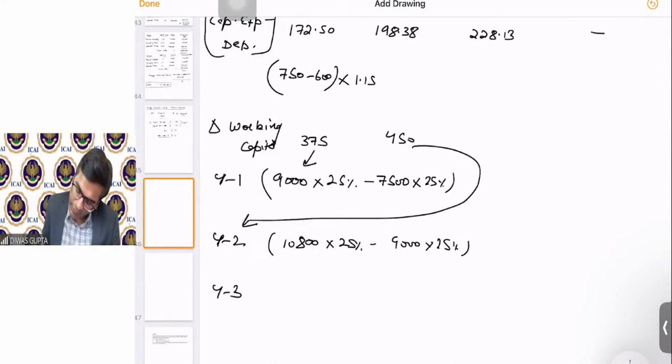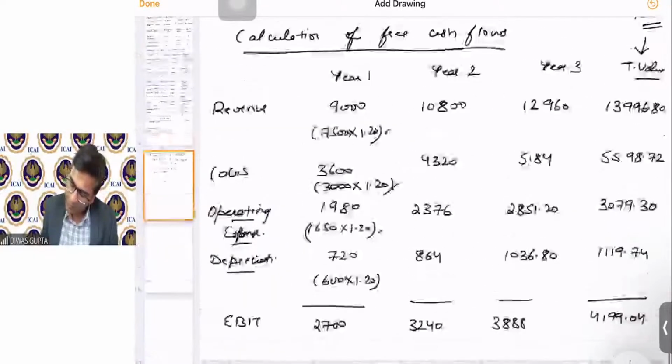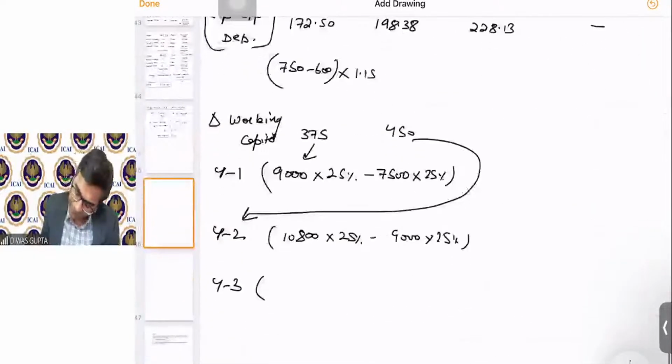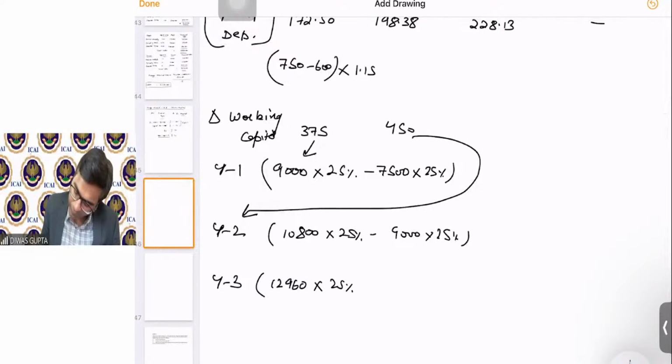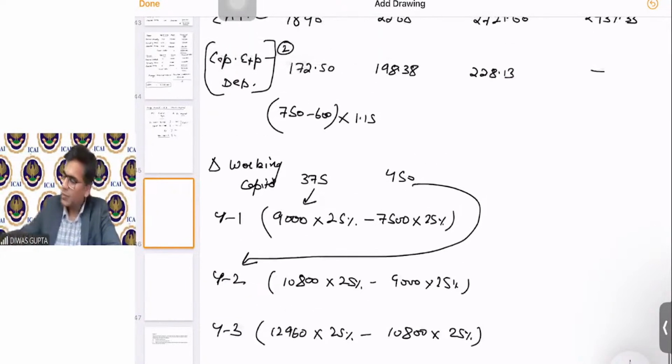Similarly, for year three, revenue is 12,960, 10,800 into 25%, correct? So students, we have to take the movement of the changes in the working capital. So this becomes from 450 to 540.